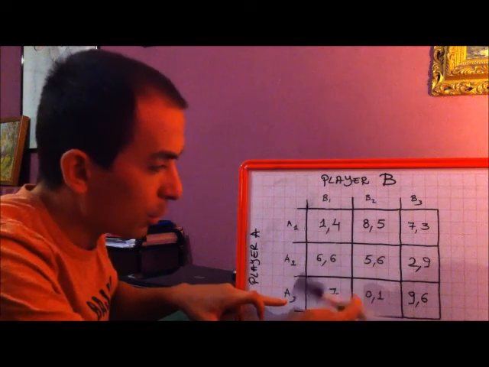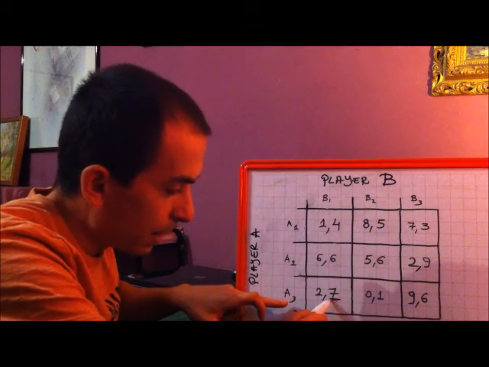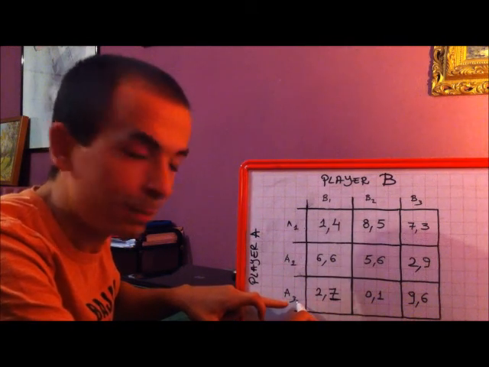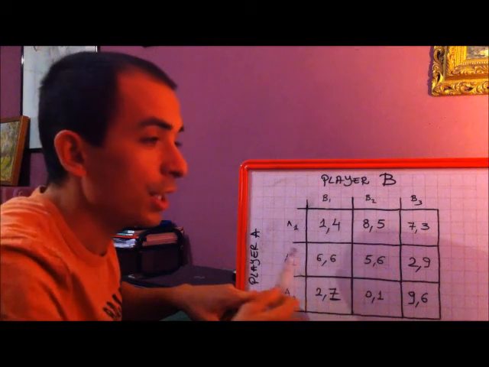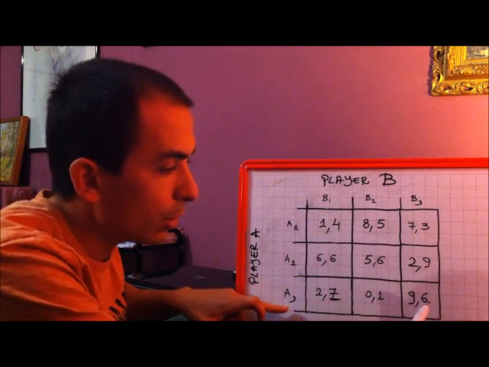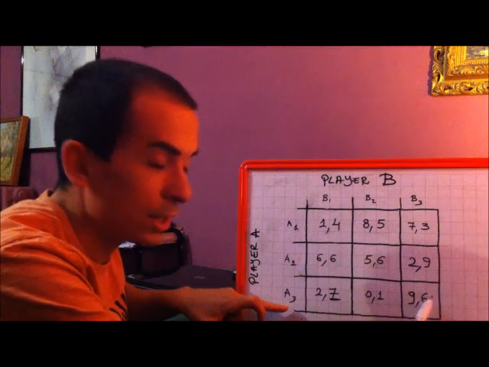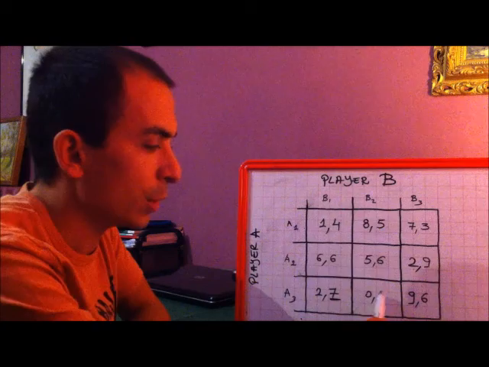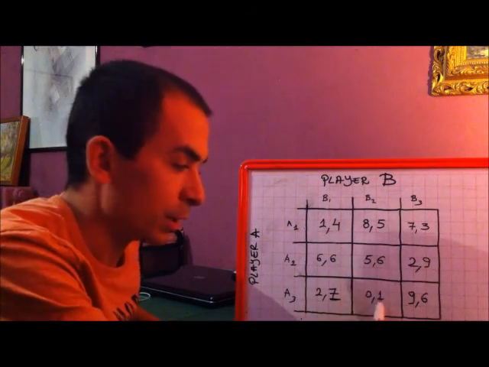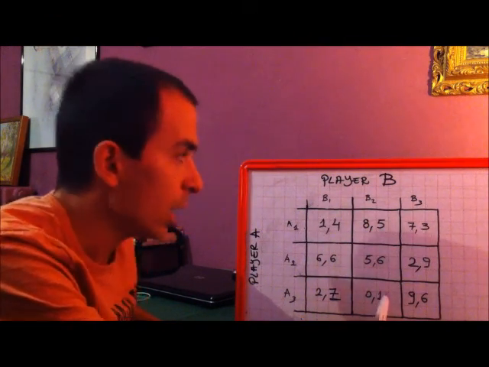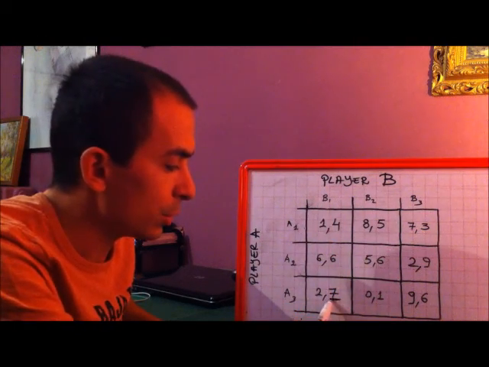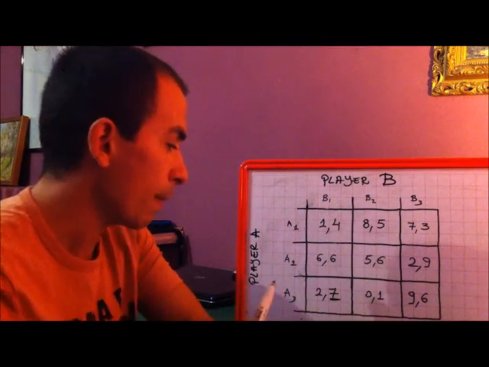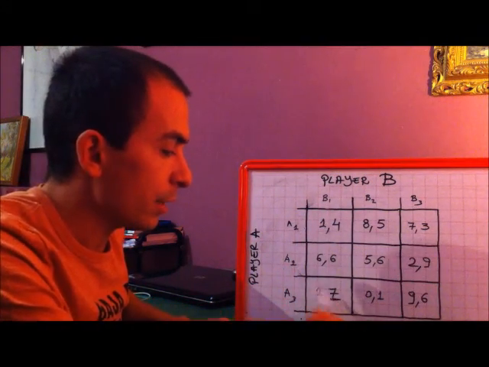In this case, I'm going to underline 7, because if A chooses the third strategy, player B, if rational, will not choose B3 because his payoff will be 6, nor B2 because his payoff will be 1, but will choose B1. So we underline 7.